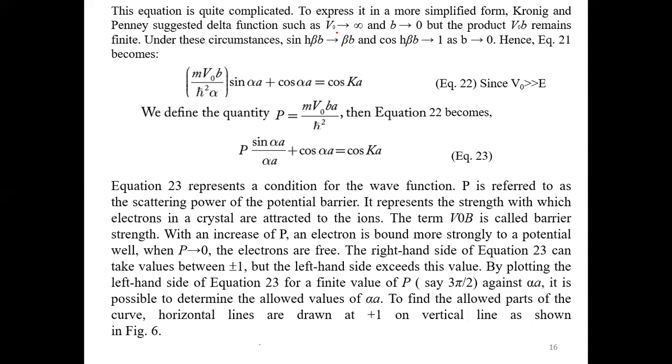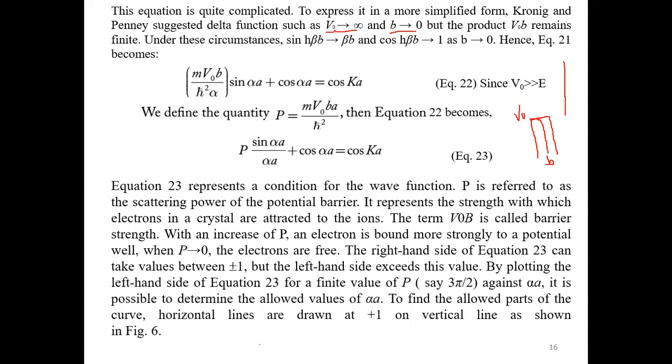The delta function is such that when b tends to 0, V0 is the barrier height. In the Kronig-Penney model, they chose V0 to be very high, tending to infinity. This is V0, and that is the width of the potential. When V0 is very high, this b will become very small, so V0 tends to infinity when b tends to 0.